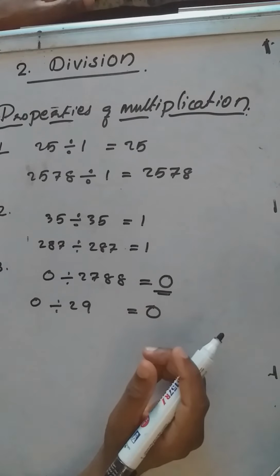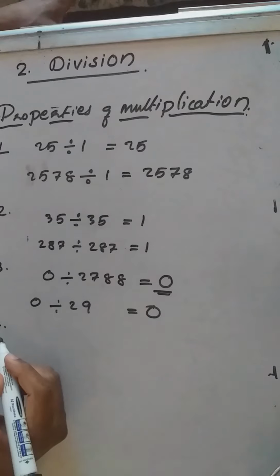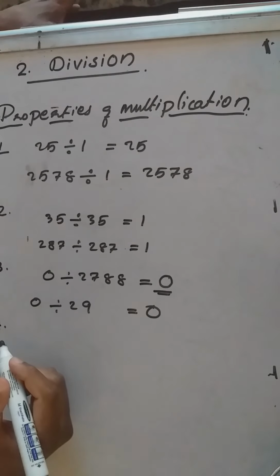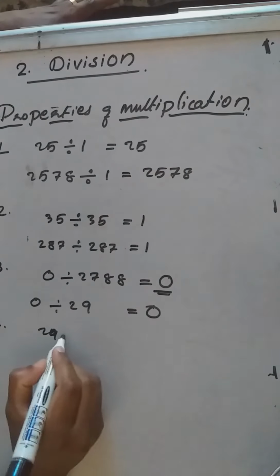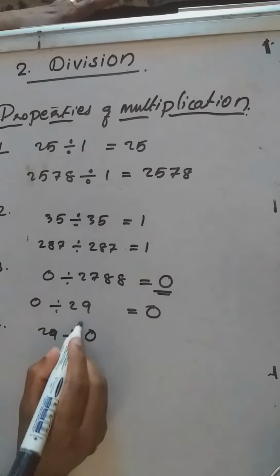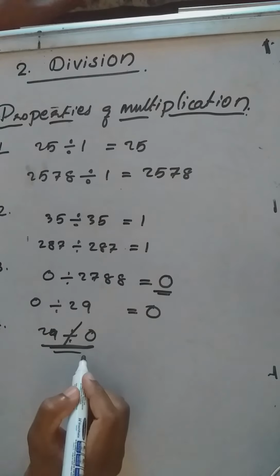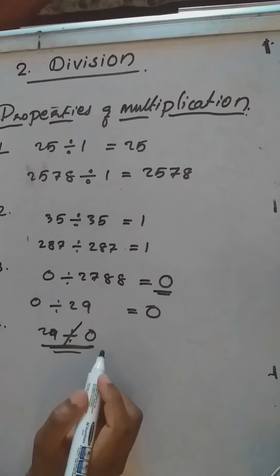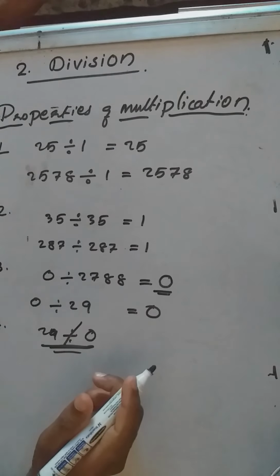That is the third property. And one more property is there. The fourth property says we cannot divide any number by 0. That means 29 we cannot divide by 0. That is wrong. So if you want to divide, at least we can start from 1. You cannot divide any number by 0.